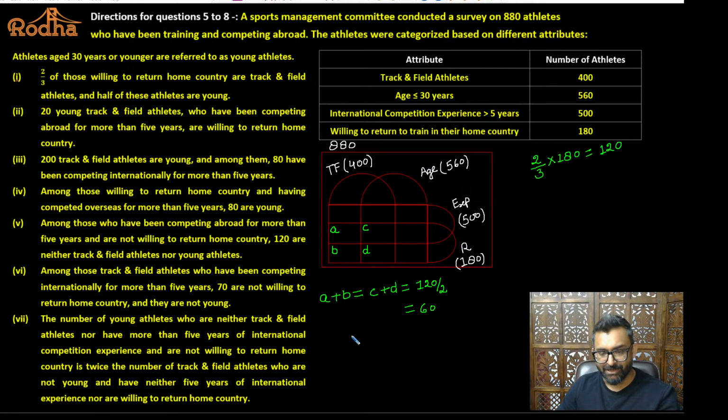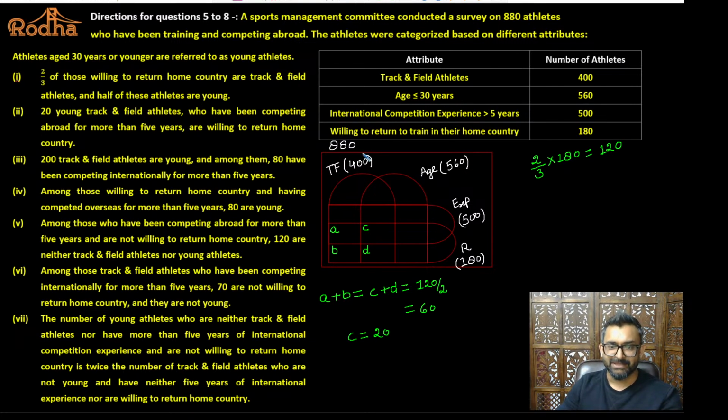So C is given to us indirectly. What is the value of C in this statement? It is given as 20. The question is saying 20 young track and field athletes, that means common in both. And who have been competing abroad for more than 5 years, that means I have to go inside this block, these two, and are willing to return to home country, that means the only portion I have to consider is C, that is 20.